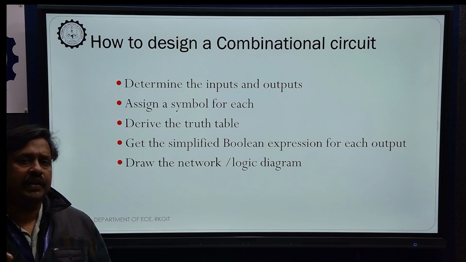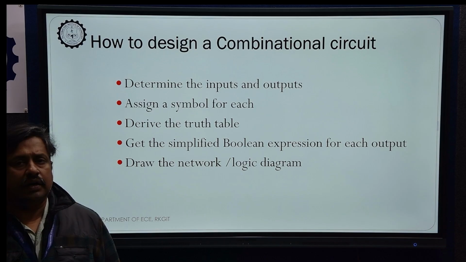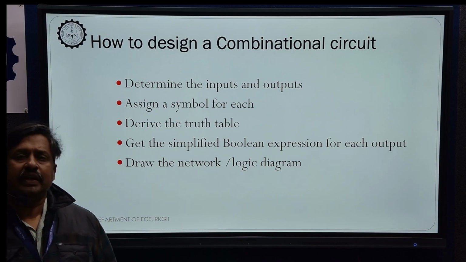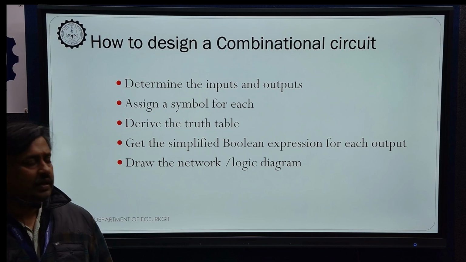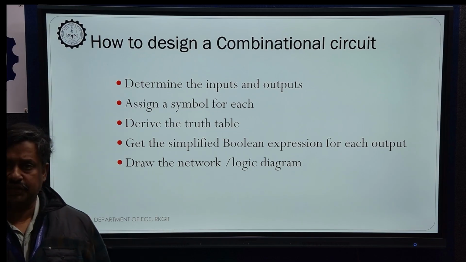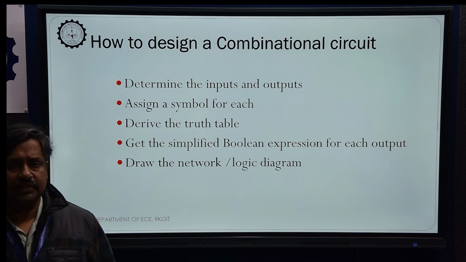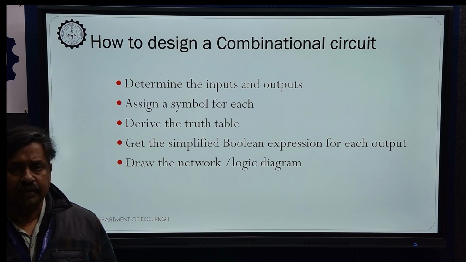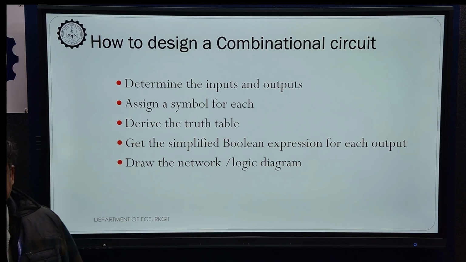From that we can easily implement the circuit's logic diagram, the network logic diagram, using gates, and we can finalize the design. So this is the method of combinational circuit design. This method is similar to mostly all combinational circuit designs. So these 5 steps are very important.